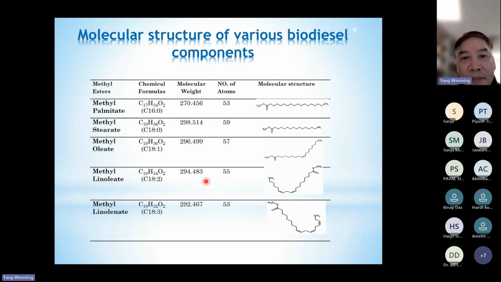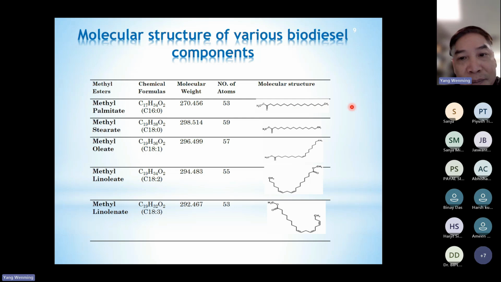Okay, so here we show you the chemical formulas and the molecular weight as well as the number of atoms. Here we show you the molecular structure. For the first composition, as you can see, this molecule is a straight carbon chain, correct?